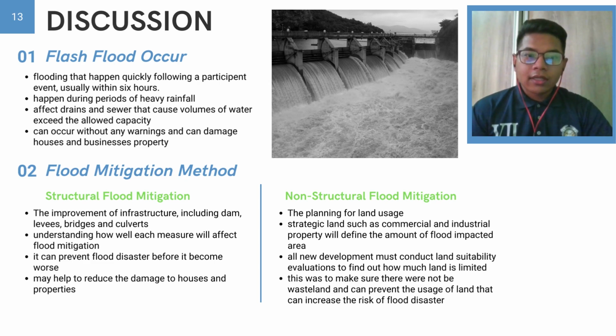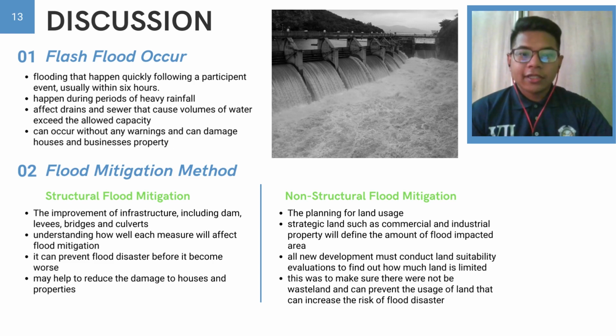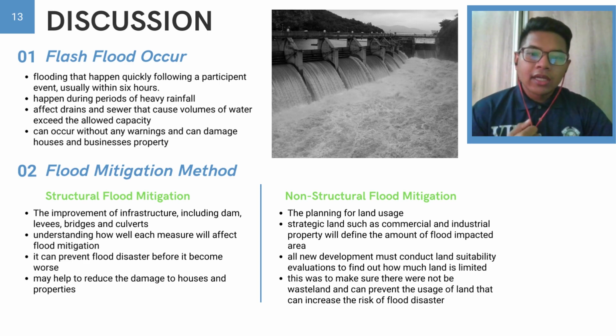Okay, for the second question for the discussion, the flood mitigation method. For flood mitigation, there are two ways that we can use. First is structural flood mitigation, and second is non-structural flood mitigation. For structural flood mitigation, the method that we can use is the improvement of the infrastructure, including dams, levees, bridges, and also culverts.